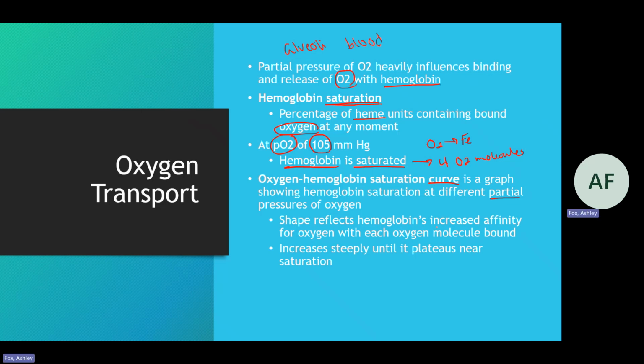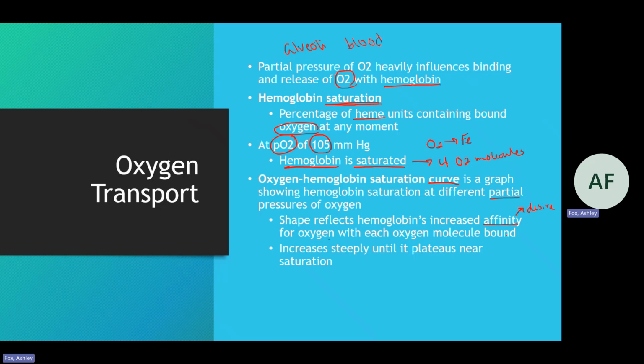So there's an increased affinity, or an increased desire, for oxygen to bind to hemoglobin. Hemoglobin has a higher desire to get all 4 oxygens that it can. So it really just wants to be full.